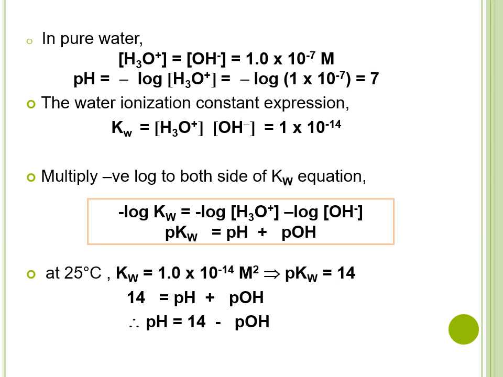Now we got pKw equals pH plus pOH. So at 25 degrees Celsius, Kw is 1 times 10 to the power of negative 14 molar square. This is equal to pKw equals 14. Therefore, 14 is equal to pH plus pOH. Whenever we got pOH, we can deduct it from 14 to get pH.